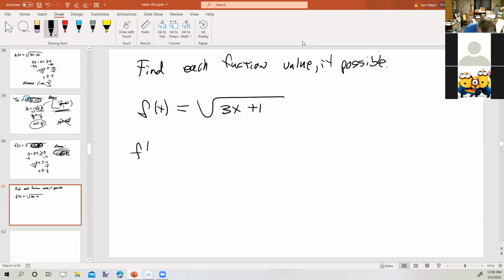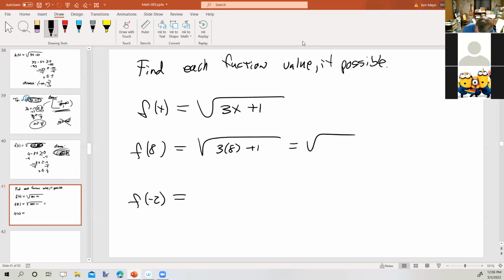They want us to find f of 8 and f of -2. F of 8 would be the square root of 3 times 8 plus 1, which is the square root of 24 plus 1, which is the square root of 25, which is 5.